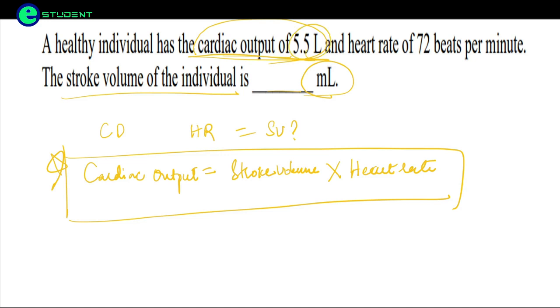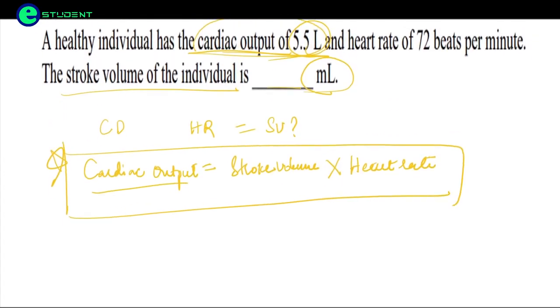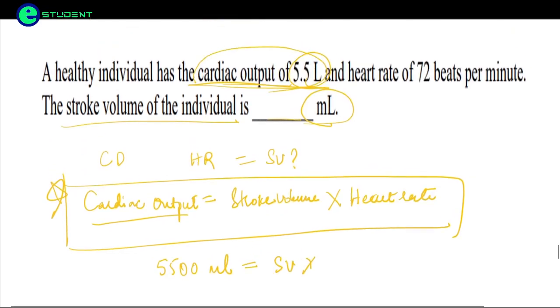So we have to convert the cardiac output into ml first. Cardiac output is 5.5 liter, which we convert into ml, we get 5500 ml, which will be equal to stroke volume into the heart rate given.